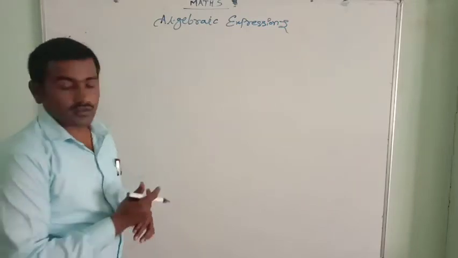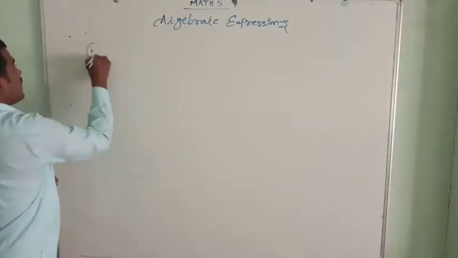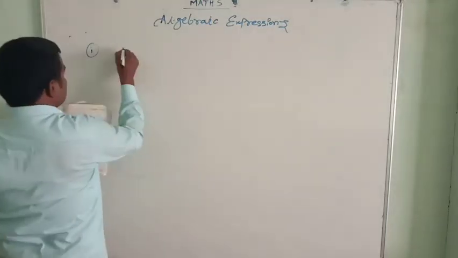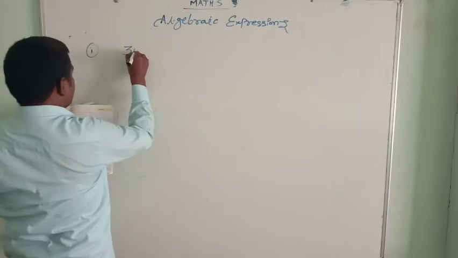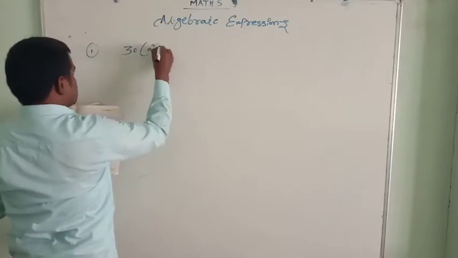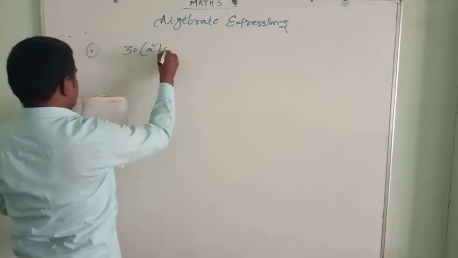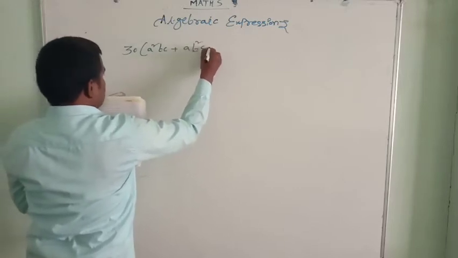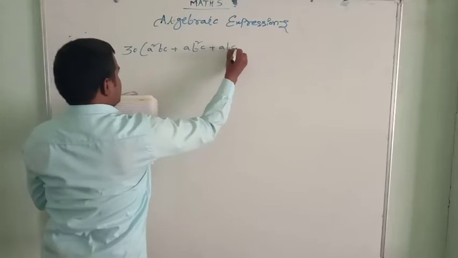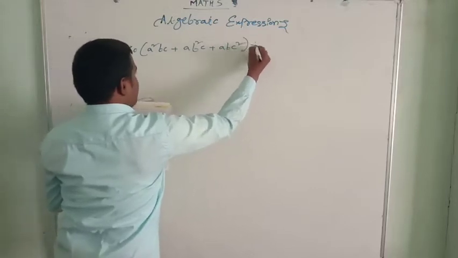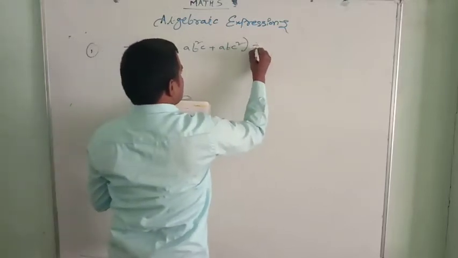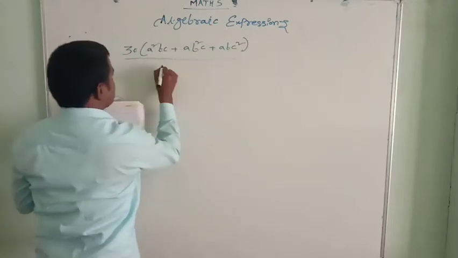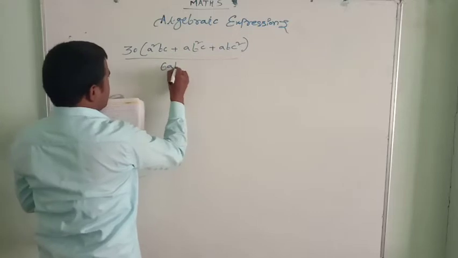Here there is one question. I read the question that 30a square bc plus ab square c plus abc square is completely divided by 6abc.